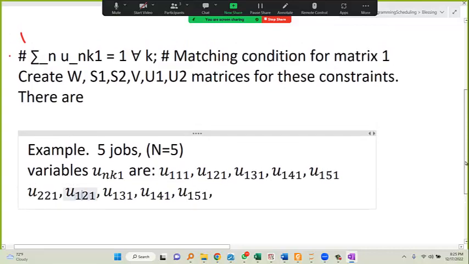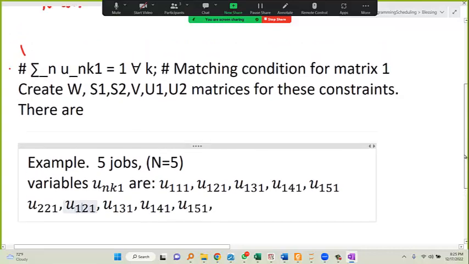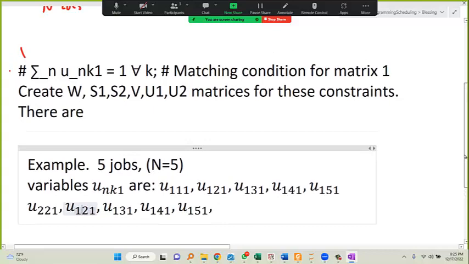U221. Yeah, then U231. U241. U251. So there are more U variables.